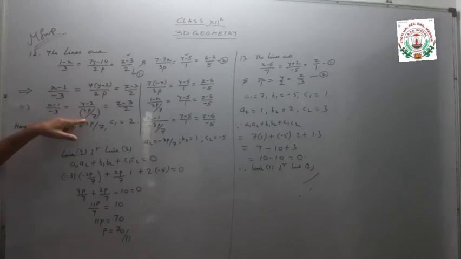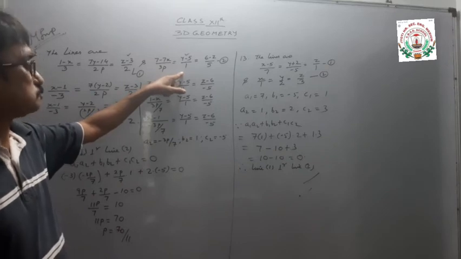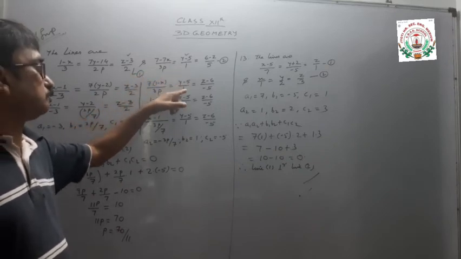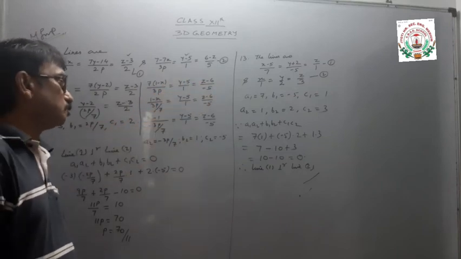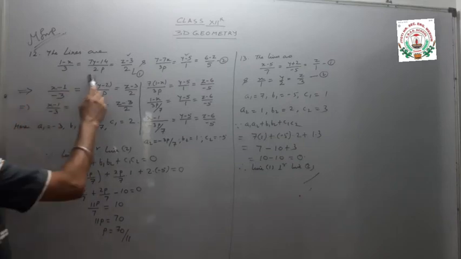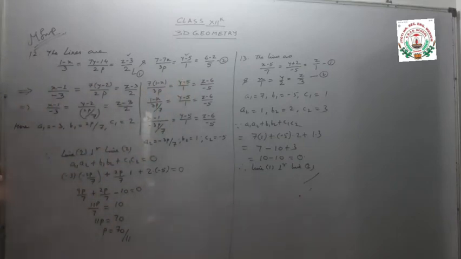Directly we can't substitute. Here also it is not in the general format, so x minus x2 upon a2, y minus y2 upon b2, z minus z2 upon c2. After converting them, this type of problems are very important questions.